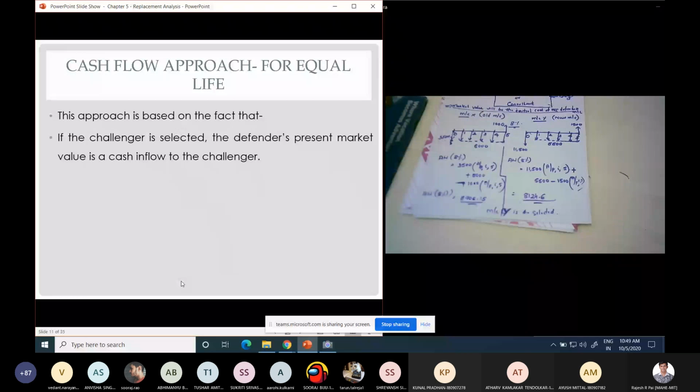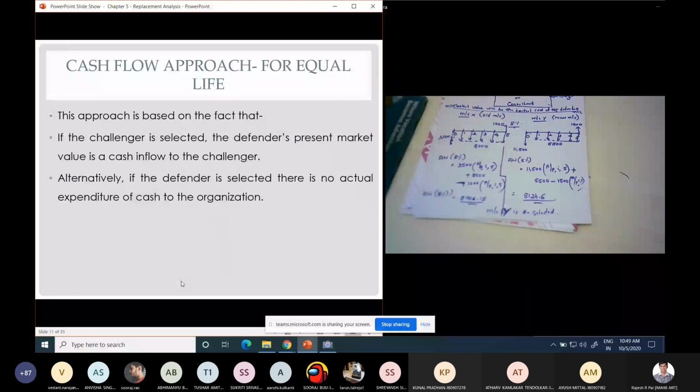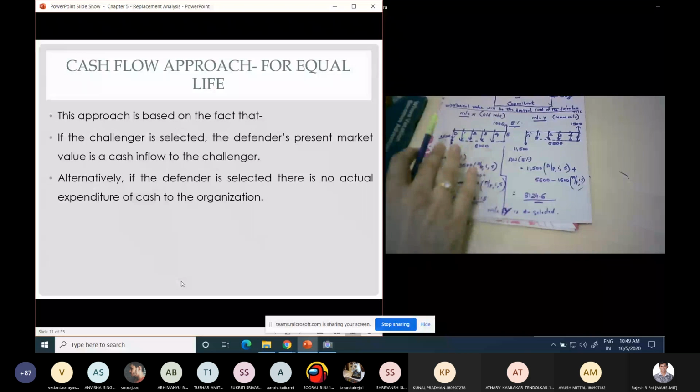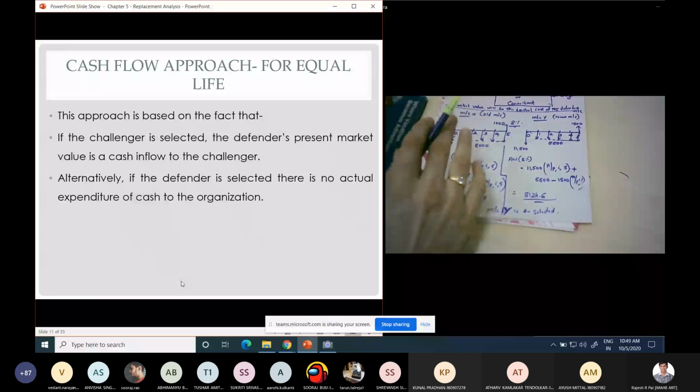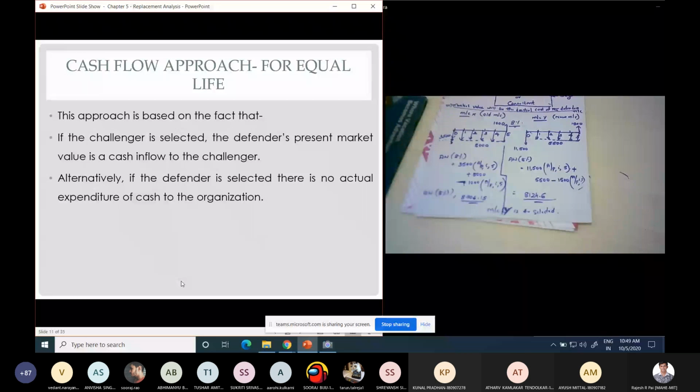Alternatively, if the defender is selected, there is no actual expenditure of cash for the organization. If the company does not want to go with the replacement, then the cash flow would be quite direct, right? So no initial investment, but it has to be used for another 5 years.